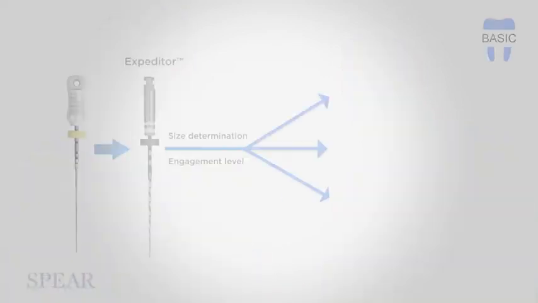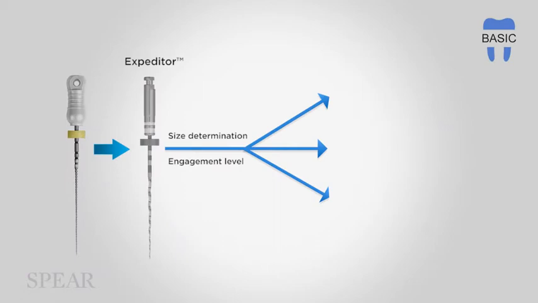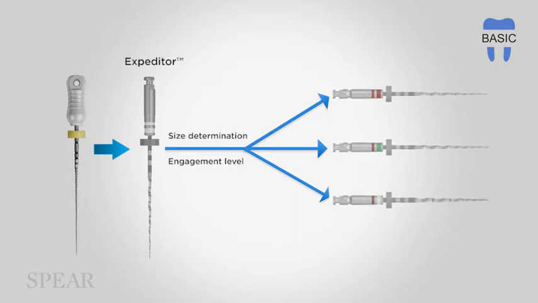And what this expediter does for us, in the process of not only expanding the width, also it screens the canal for us. Based on the level of engagement that the expediter experiences as it's going down to the full working length, you determine which finishing file you should be using for this particular canal.